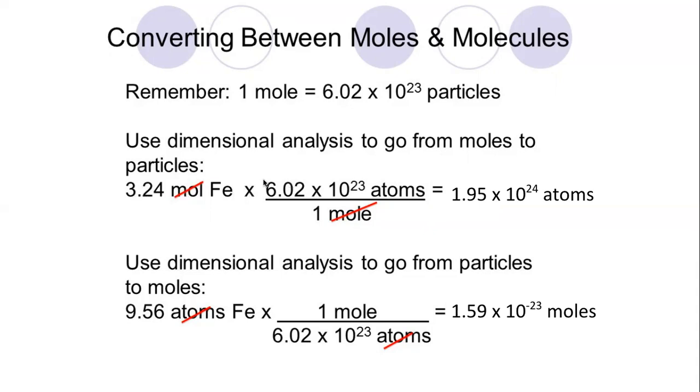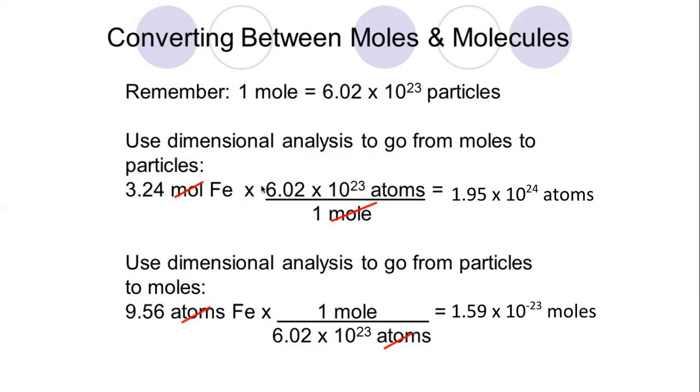So we know that 6.023 times 10 to the 23 atoms equals 1 mole. And because we have mole on the top and mole on the bottom, we can cross these out and multiply 3.24 moles by 6.023 times 10 to the 23 atoms.